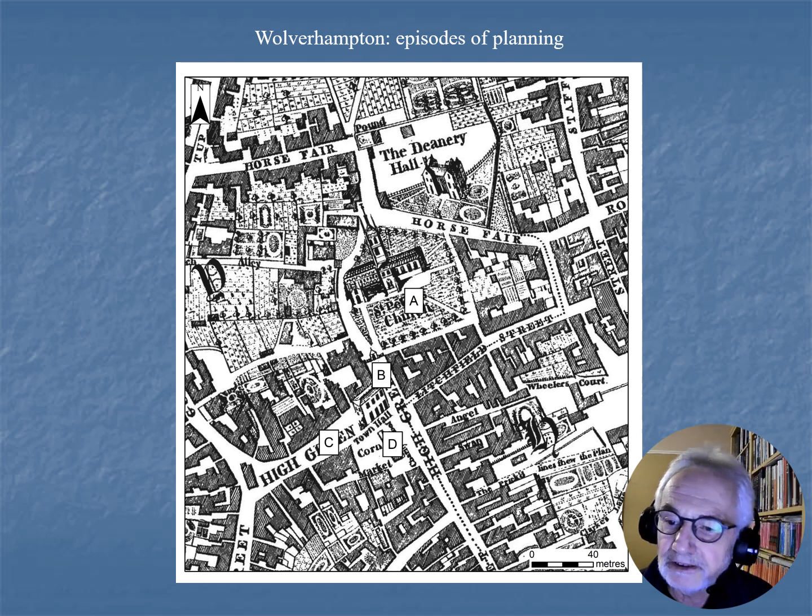This phase of interest in the development of the town was perhaps the occasion of the laying out of additional market areas, comprising the large rectangular marketplace, the present Queen Square, at right angles to Dudley Street, marked as C on the plan, and a square off-street Corn Market, D on the plan, in the corner between Dudley Street and Queen Square.